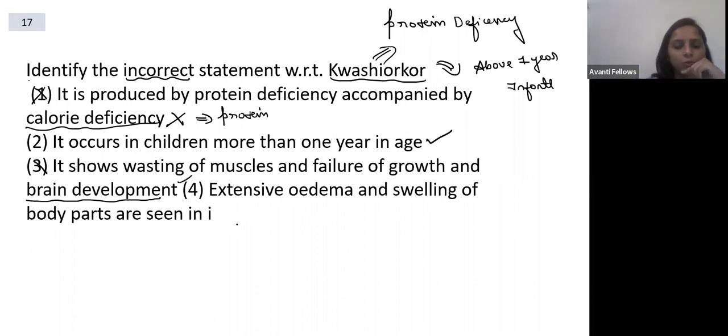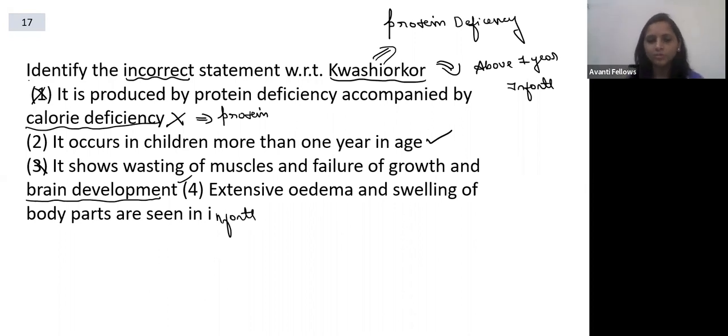Coming to the fourth one, extensive edema and swelling of the body parts are seen in infants. Here the infant is fed with high-calorie food, so you can see swelling and edema in the body.